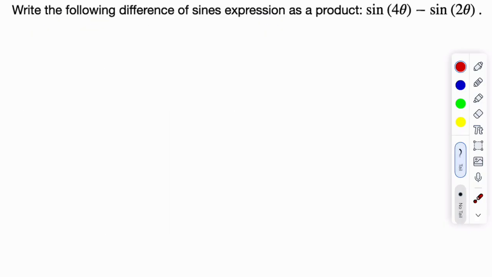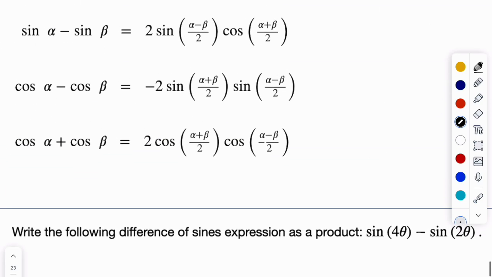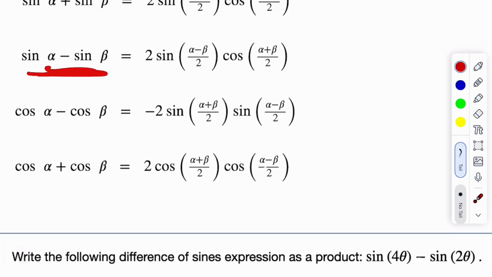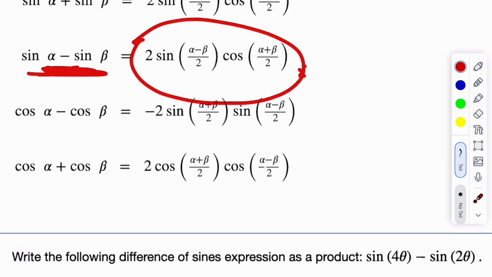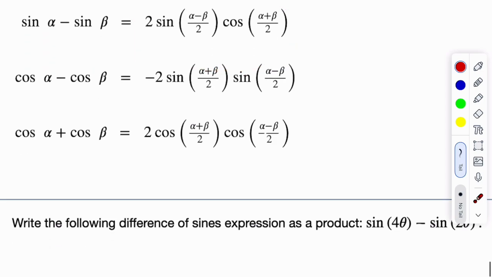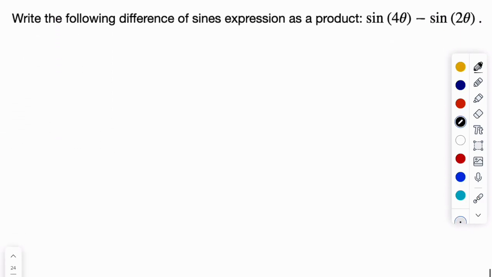Right, so here we've got sine 4 theta minus sine 2 theta, right? So this is sine alpha minus sine beta. It's over here. Okay. What's that going to give us?